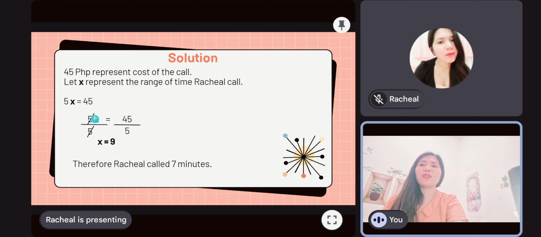So now we can cancel 5 and 5. Whatever you do to this side, you should also do to the other side. So 45 divided by 5 is 9. Sorry about this, I forgot to edit this one.